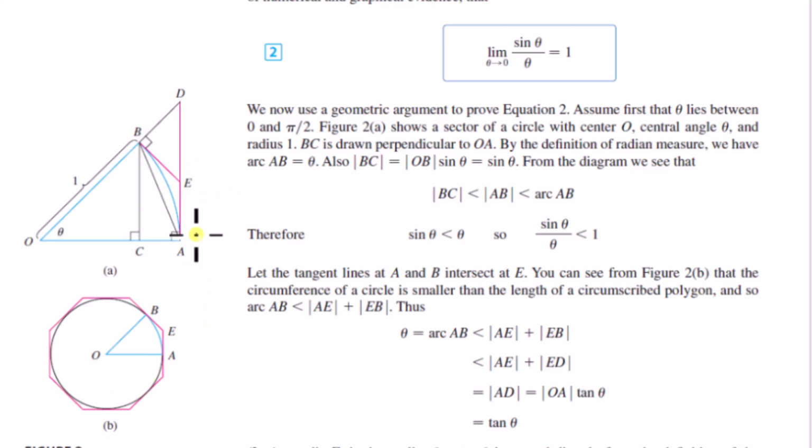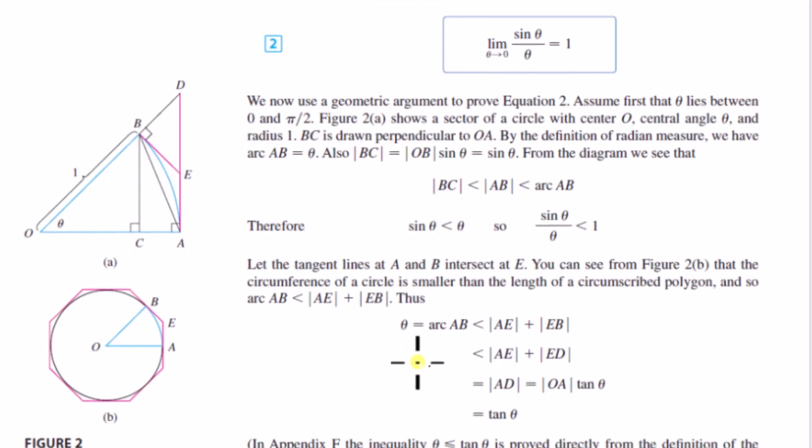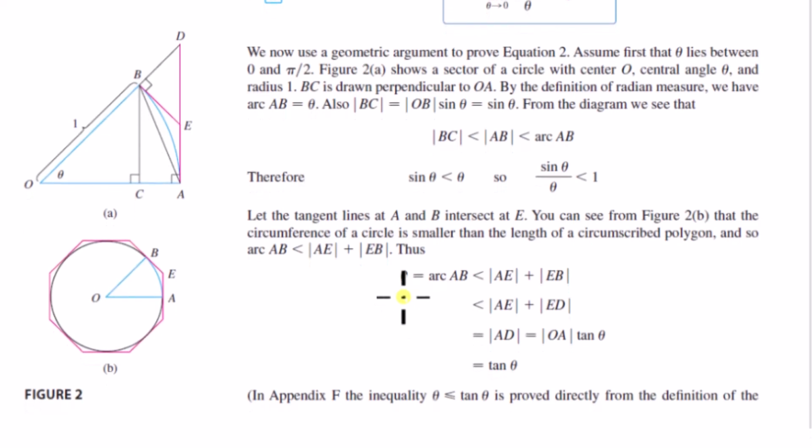What they're saying is that it's obvious that the length of arc AB is less than the length of BE plus the length of EA. So thus theta, which is equal to the arc AB, is less than the length of AE plus the length of EB.